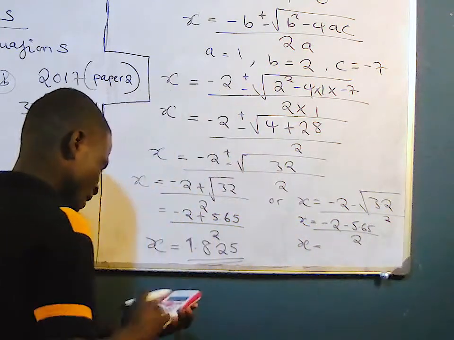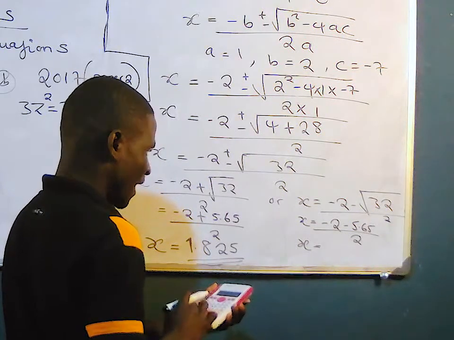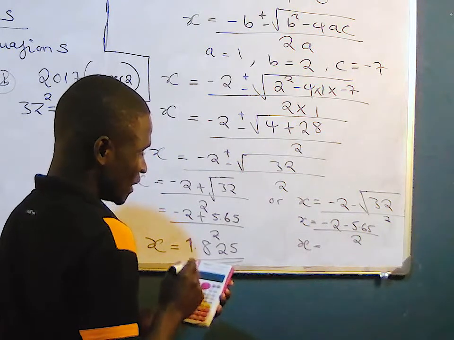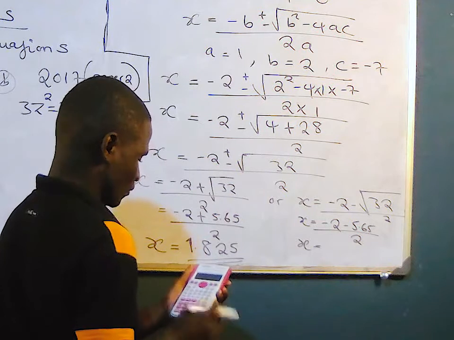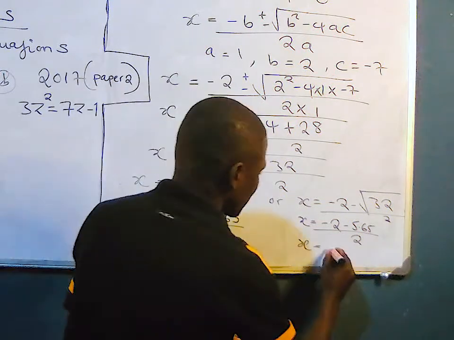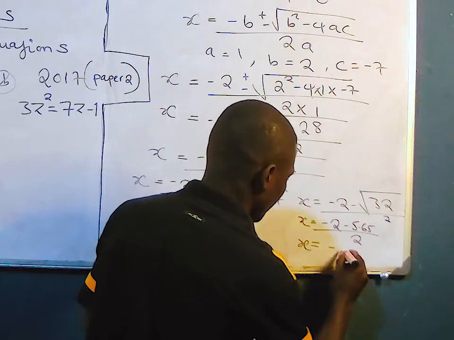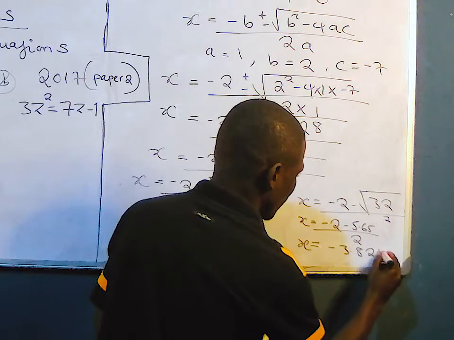So what is negative 2 minus 5.65? It is giving us negative 7.65. So we divide by 2, which is equal to negative 3.825.